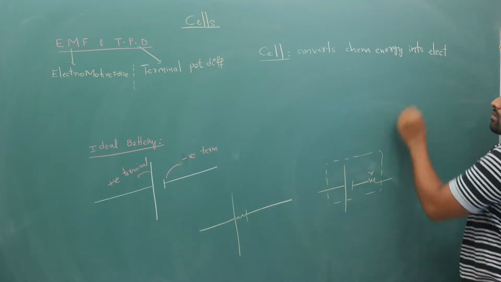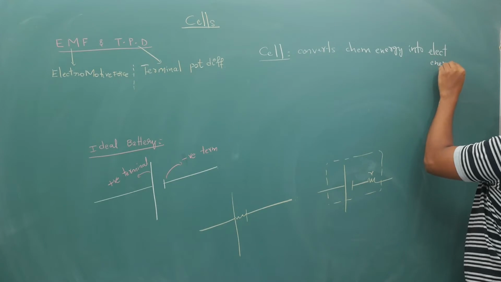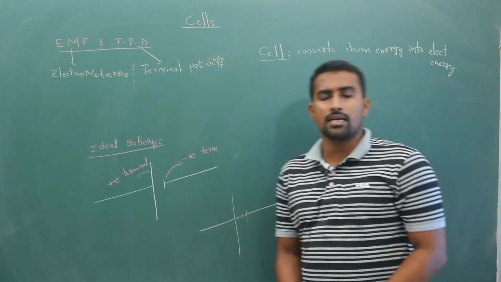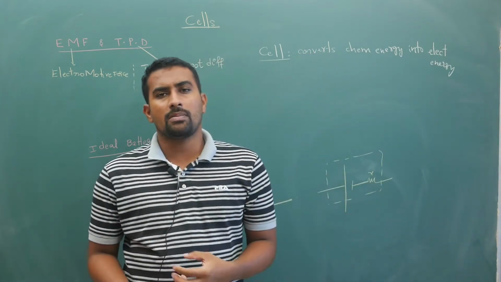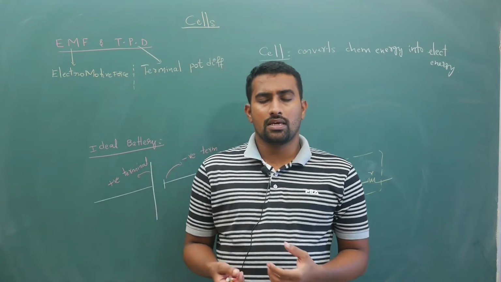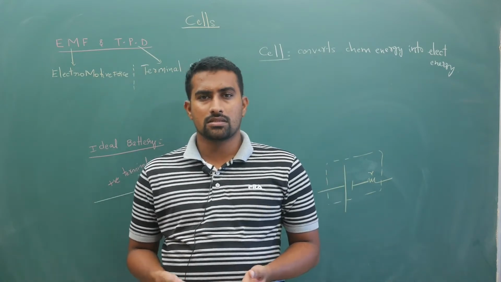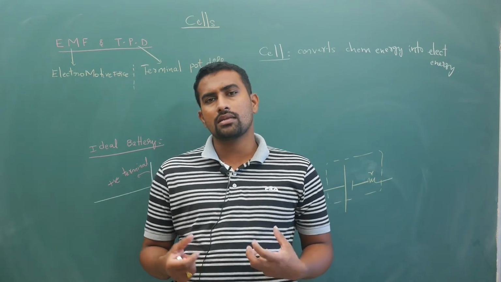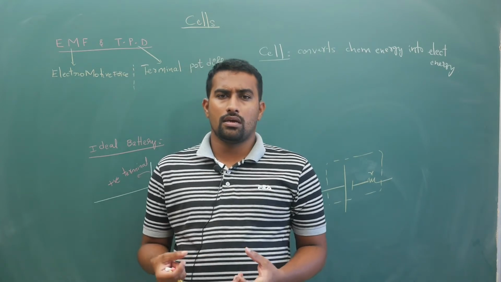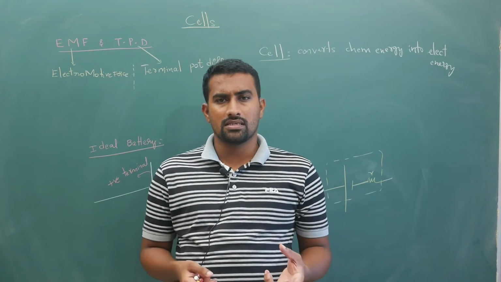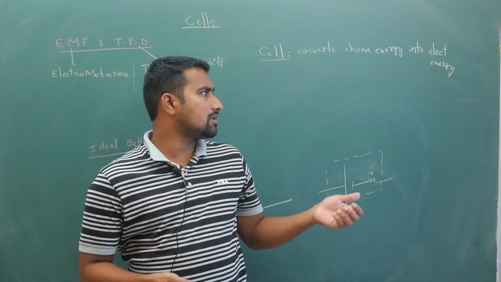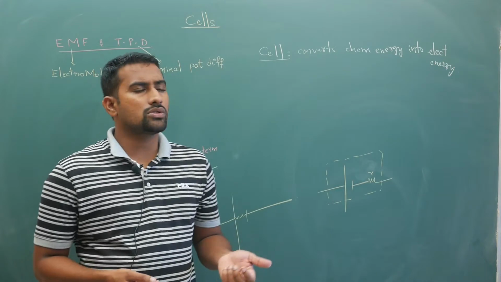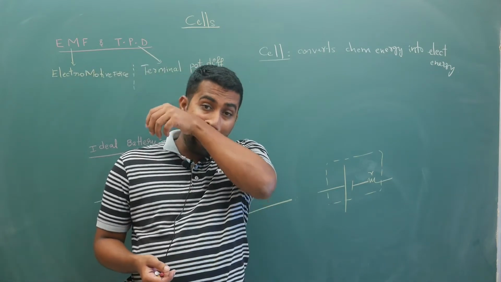So using chemical reactions, your battery releases electrons, or anions and cations will be there. Those cations and all, they will get deposited onto the electrodes, depending upon whether it is a galvanic cell or voltaic cell, such kind of stuff. Those things you will see in chemistry.